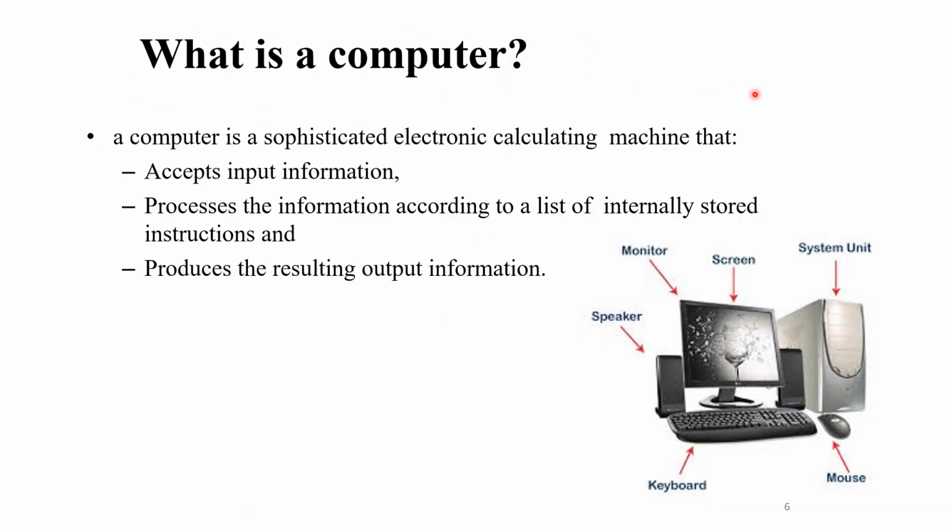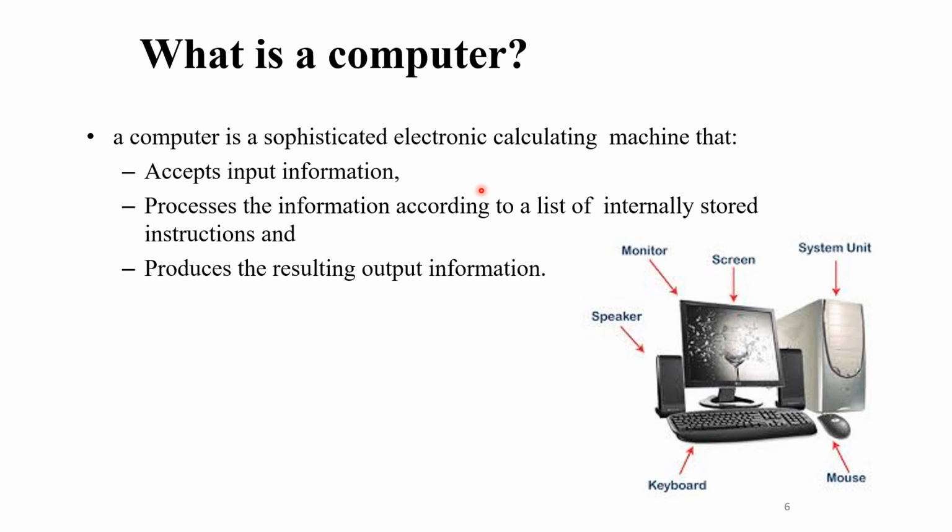What is a computer? A computer is an advanced electronic device to perform calculations and process information. The main functions of a computer: accept input information. The computer receives data and instructions from users or other devices.